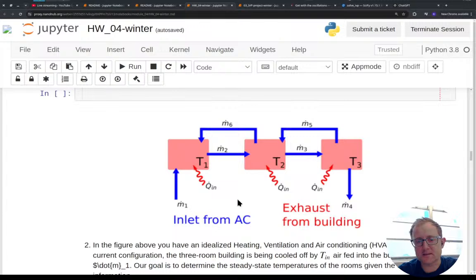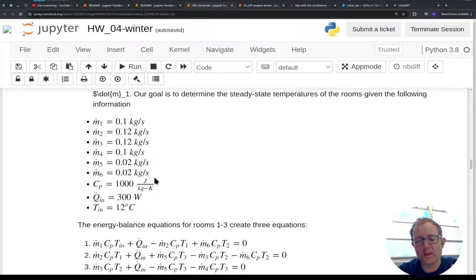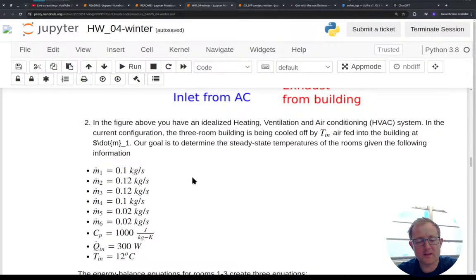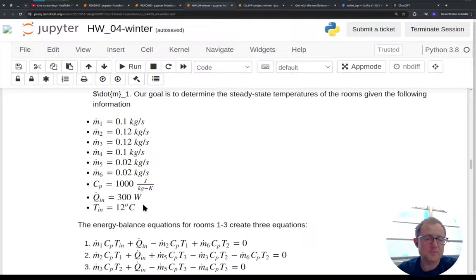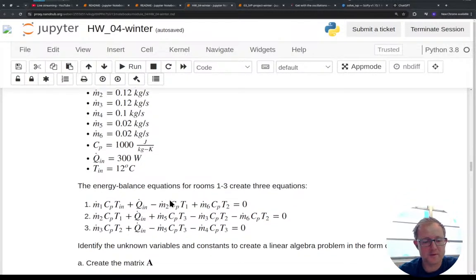So if we're adding heat, it's got to get hotter. And we're only adding like 300 watts, and it's a regular building for air conditioning, so it's probably gonna be around room temperature. If you're getting like 100 degrees, then that's too hot. You can't boil people in an office building.